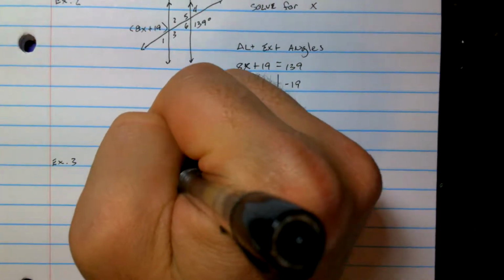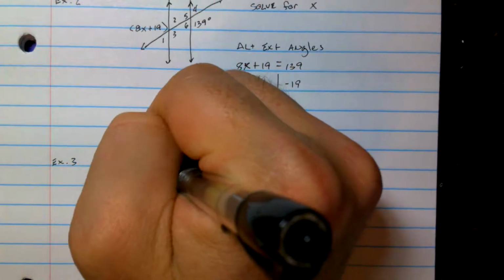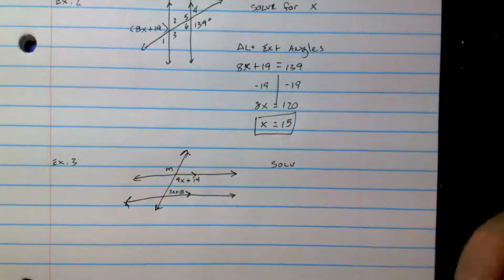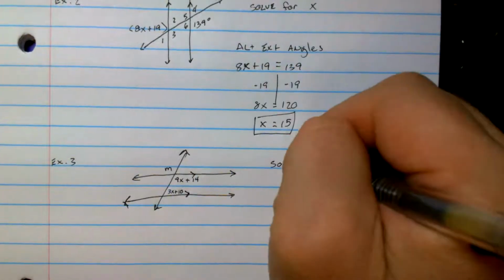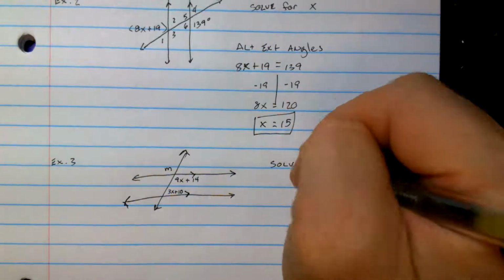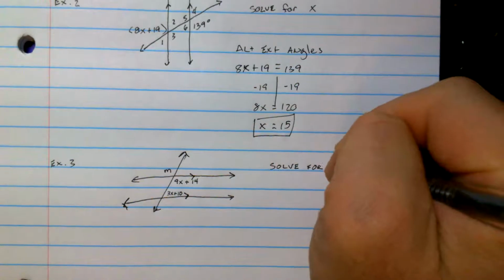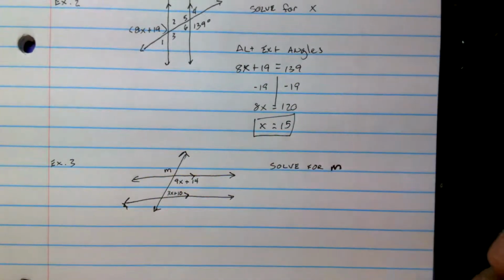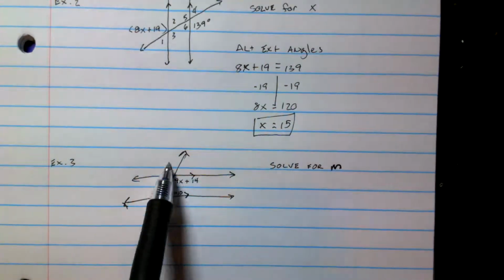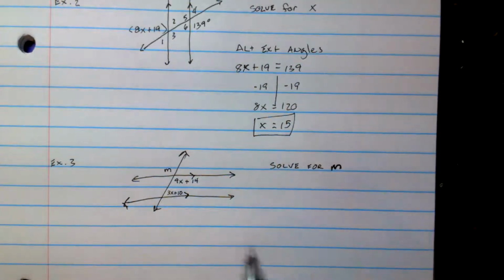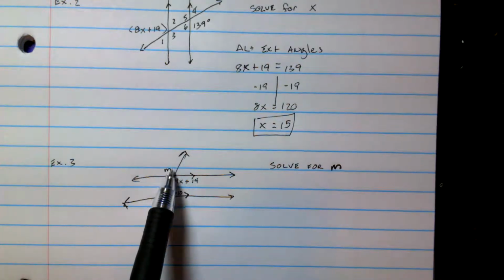Well, let's call this M. Solve for M. All right, so what is the measure of M? What is M worth? Well, I know these two are equal to each other, but there's not enough to go off of.